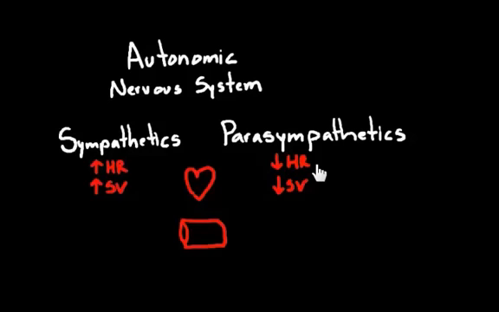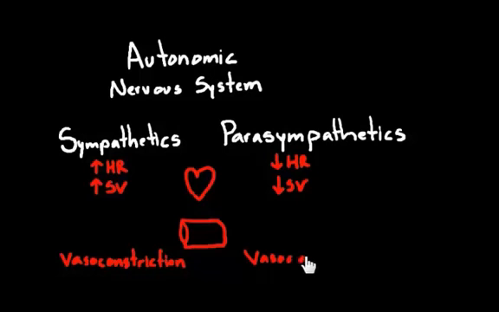And the sympathetics, finally, they actually cause vasoconstriction. And you guessed it, the parasympathetics do the opposite. So they cause vasodilation. And vasoconstriction and vasodilation basically mean whether the artery stays open or closes down.